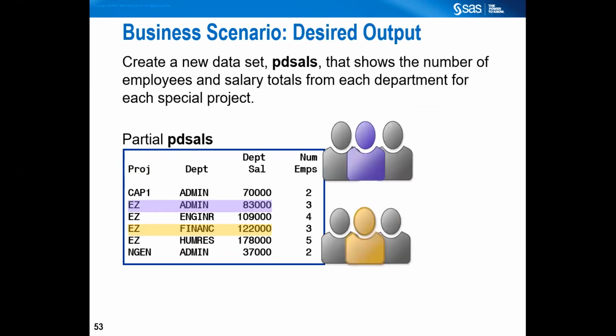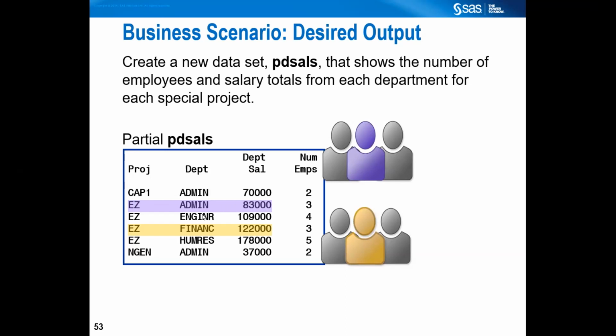So this is what is expected, and at the same time, the number of people assigned to that particular project, just a count of the number of people. Now see, this is the project admin total salary, same department but different project, and number of people and their salary.